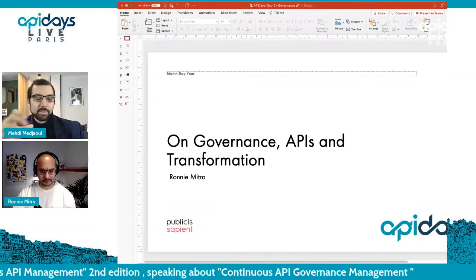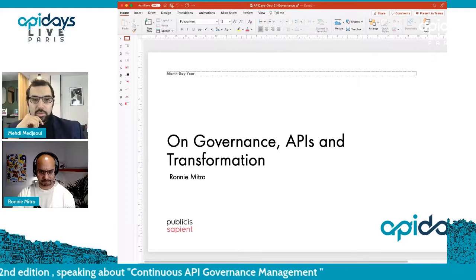We see a black screen, but then it goes back to non-full screen. Let's try something else. Any tips, Mehdi, on the best way to do this? Maybe a quick PDF, and then full screen.